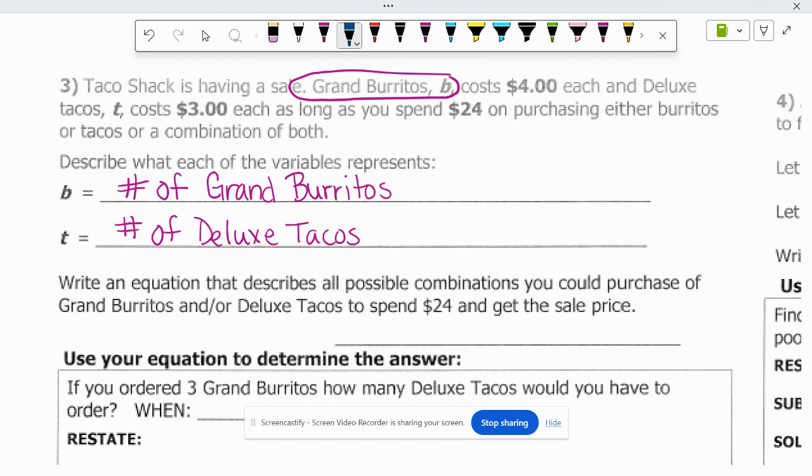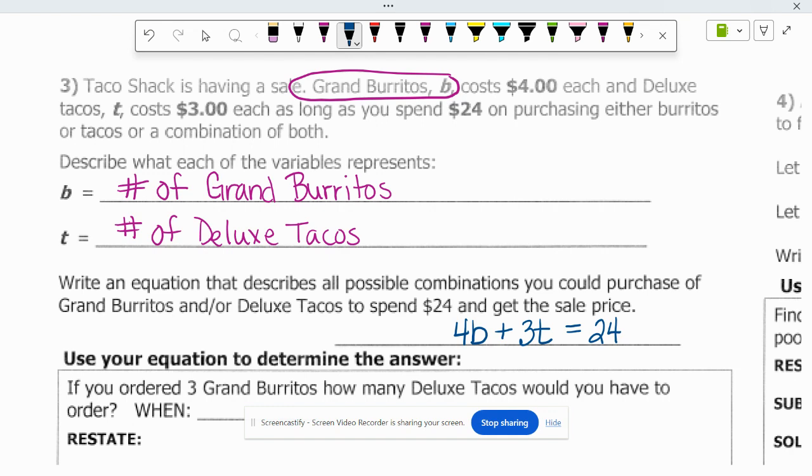How much does a burrito cost? So 4 times each burrito plus how much does a taco cost? So plus $3 per taco or each taco. And how much money do I have to spend to get this price? So this is an equation in standard form.